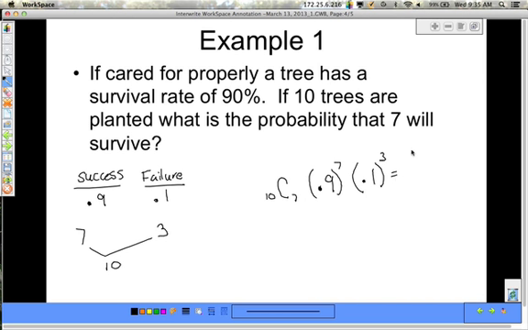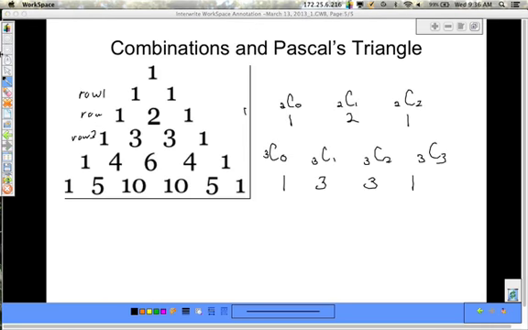And then we can just type this into our calculator. And you should get 0.0574. So about 5.74% that exactly 7 will survive.